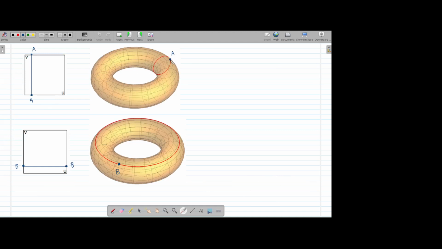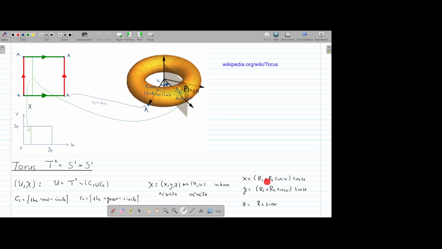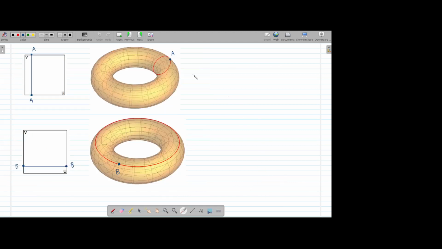And if you look at it in more detail, using those relations, you see that this is actually the circle that starts from here and ends there. Similarly, a constant v line that starts here, moves along constant v, ends there, will give us a circle that wraps around the torus in this direction.